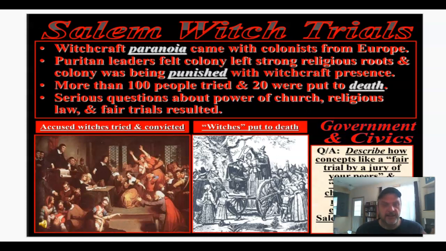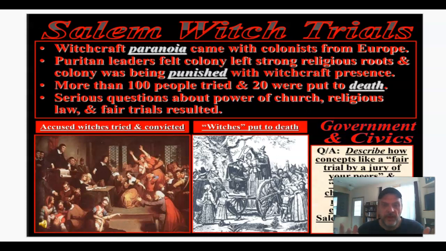And that kind of spread from Europe to North America. So when it arrived here in North America, the Puritan leaders really felt strongly that their religious roots and their colony was being punished by the presence of witches and witchcraft.